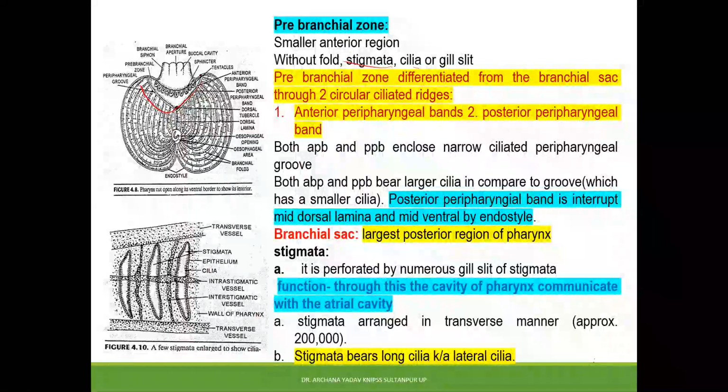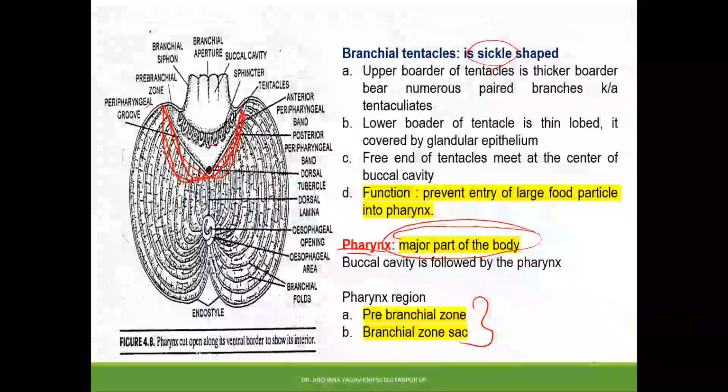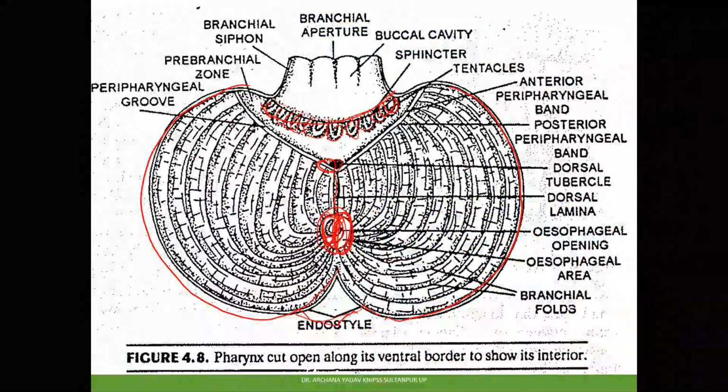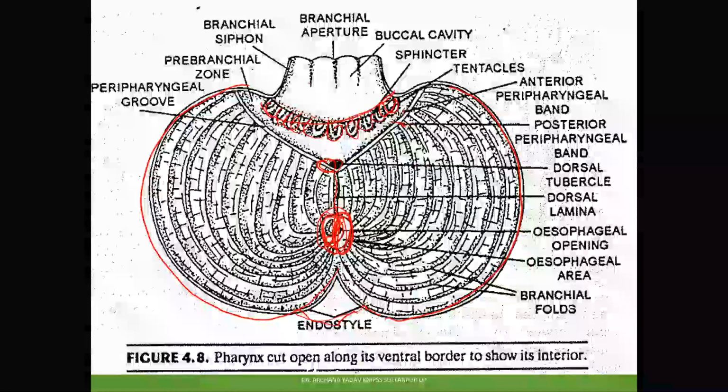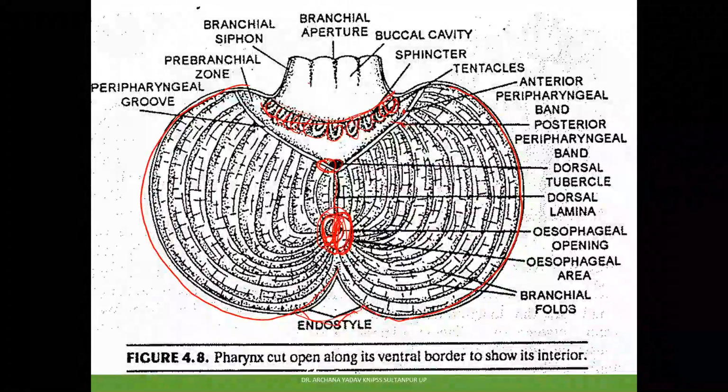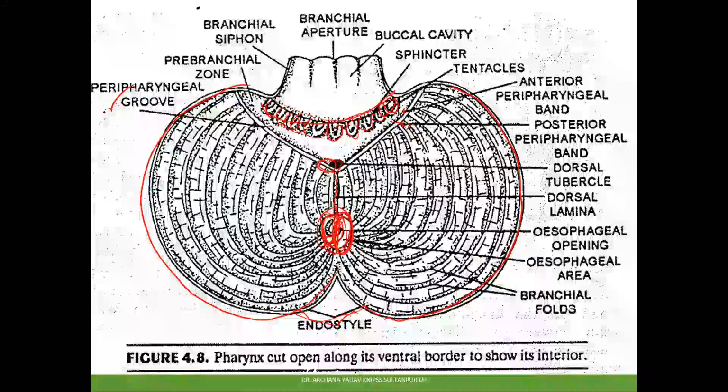This prebranchial zone is further differentiated into two parts. You see here, this one is the posterior peripharyngeal band, and this is the anterior peripharyngeal band, and between the two is present a groove which is known as the peripharyngeal cavity or peripharyngeal groove.